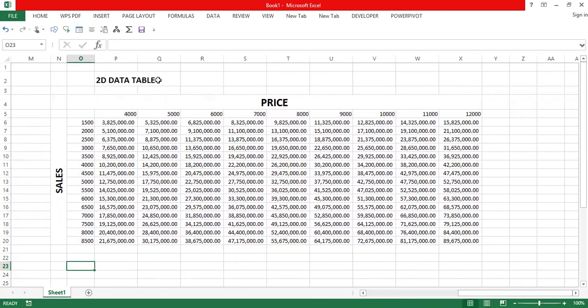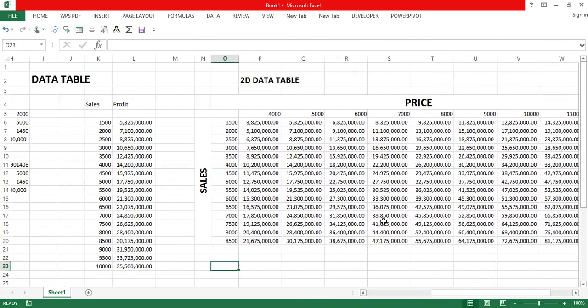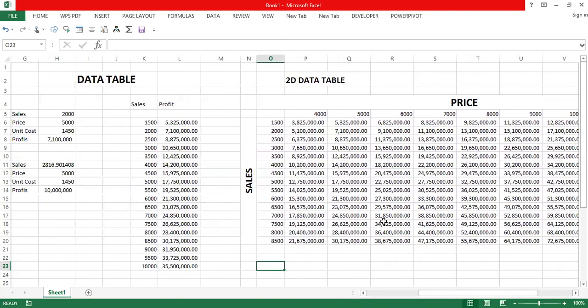Now, if you look at the 1D data table, you will notice that in the 1D data table, we use one input cell, which is sales, just one. In a 2D data table, you use two inputs.